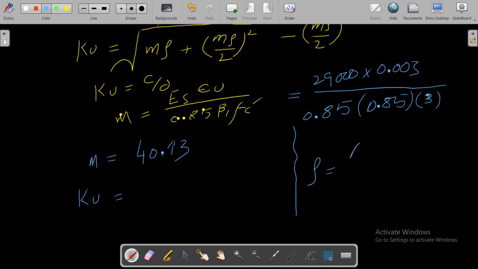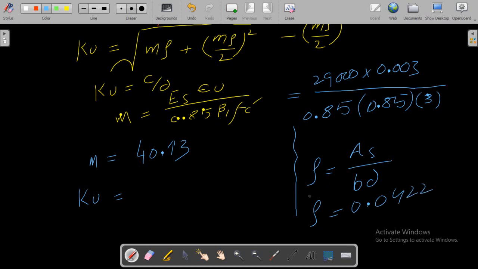We know rho is the steel ratio, meaning area of steel divided by the section area. So from this we get the rho value, that is 0.0422, right? This one will be the value of rho.